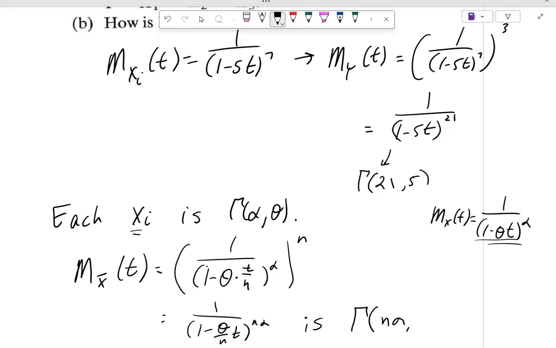N alpha, and your new theta is theta over n. Good. Exactly. So this one tells us that a mean of gammas is still gamma. It also tells you that a mean of exponentials is also a gamma, because your alpha starts off as 1 for an exponential. The exponential is a special case of the gamma.